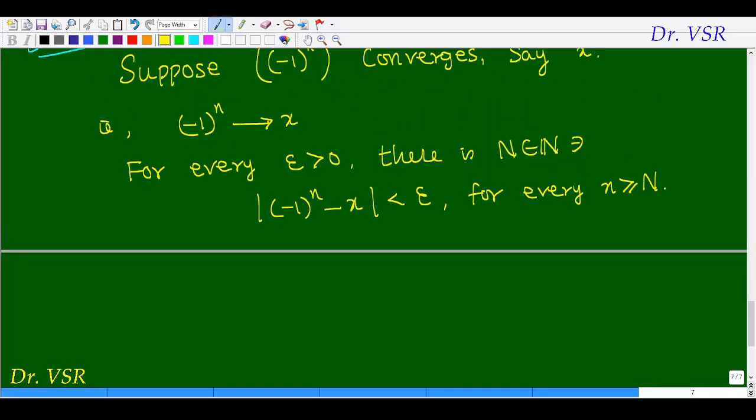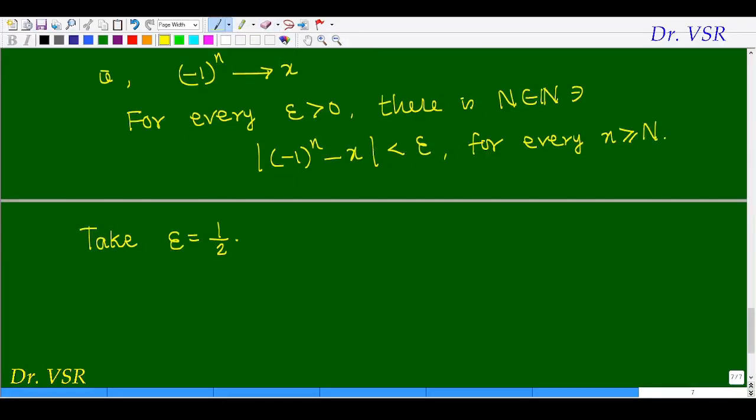Okay, now what am I doing? Let us take epsilon equal to 1/2. You could even take 1, it doesn't matter; take 1/2, no problem.